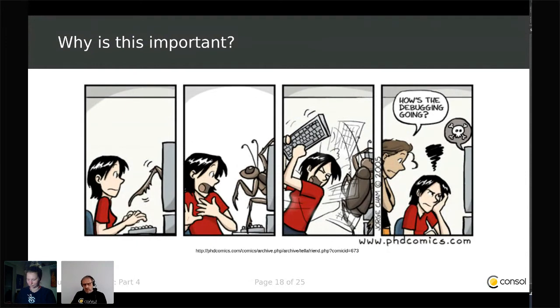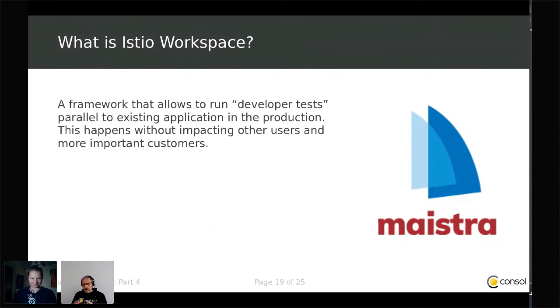First you have a look at the log files, you see you can't really get it, and in the end you know that some error happens on production, but you don't really grasp what's going on. And for this, some guys at Meyer started to build Istio Workspaces.